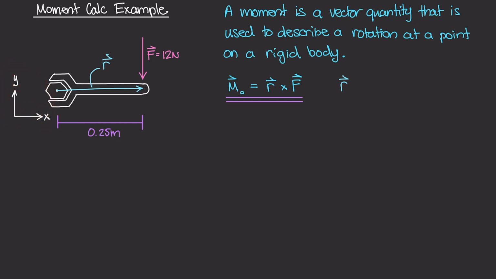So let's try to figure out what the components of r are. So r can be expressed as the x component plus the y component. Well, what is the x component? Well, if we're going from this point of origin all the way to this end right here, you can see that the x component has a value of 0.25 meters.